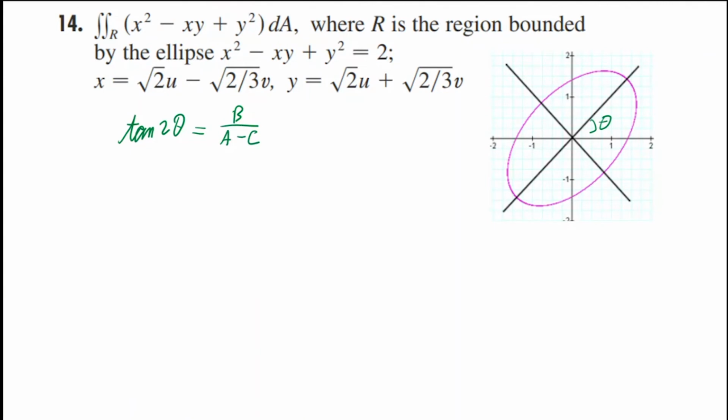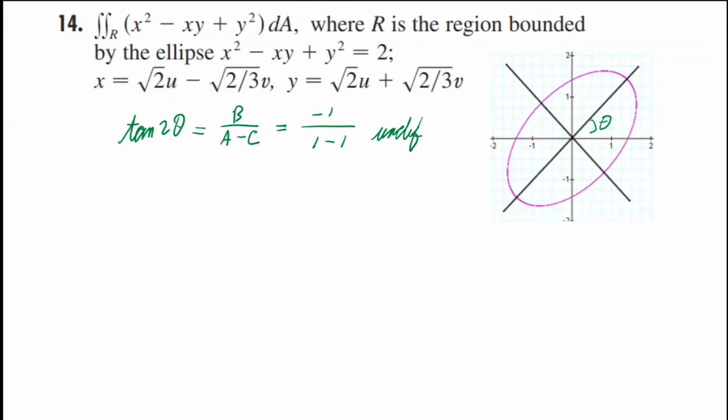My memory is a little shady. I think it was just b. We'll see. So we have negative 1 over 1 minus 1. So this becomes undefined, right?